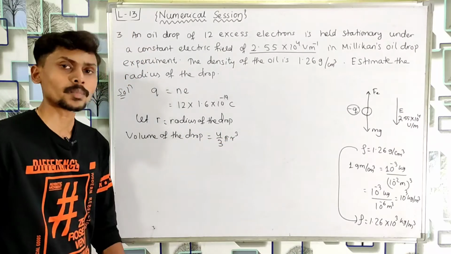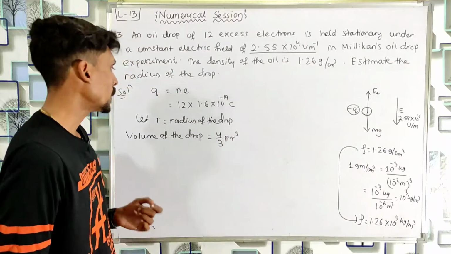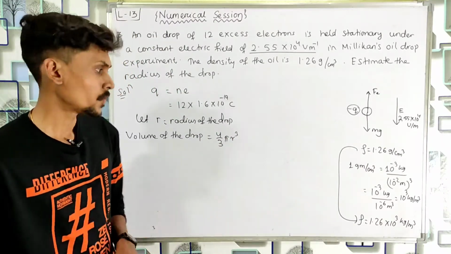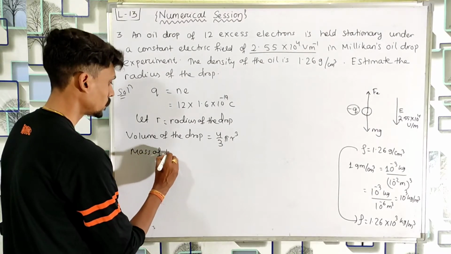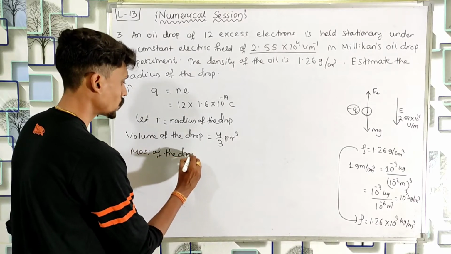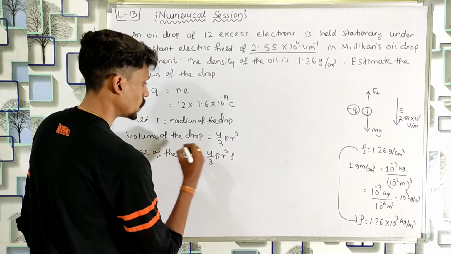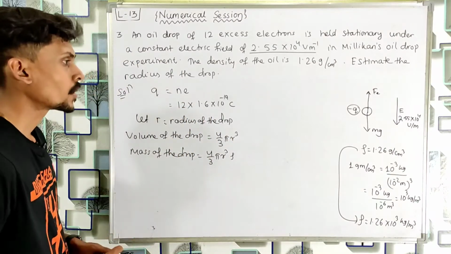This is the volume of the drop. So if I multiply volume with density, I will get the mass of the oil drop. So mass of the oil drop will be 4 by 3 pi R cube into rho. Volume into density will give mass.